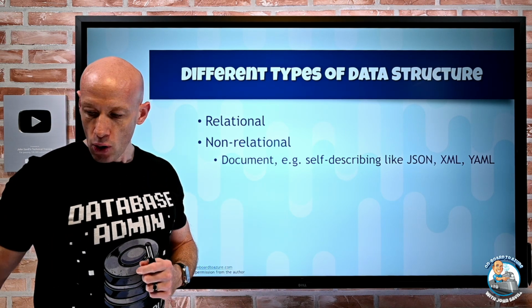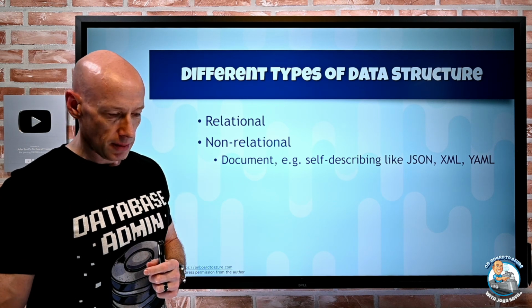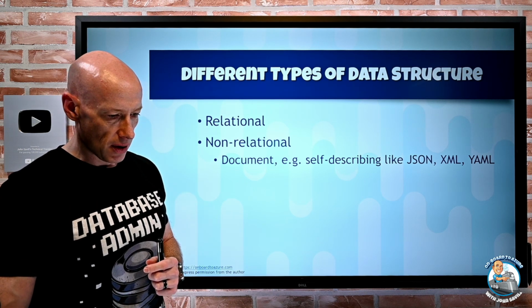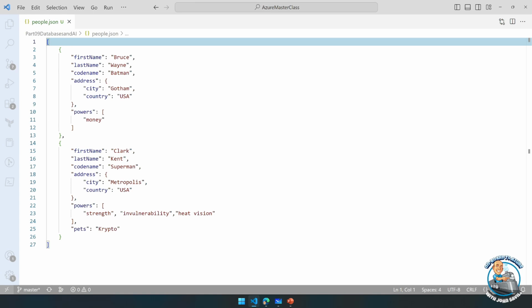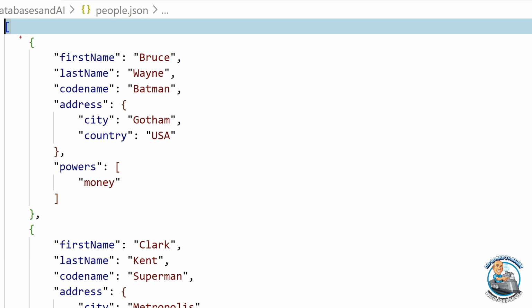If I was to jump over actually for a second, let me just quickly have a look in my VS Code. So if I looked at my VS Code here, this is an example of a JSON file, and there's no fixed structure to it that's inherent to JSON or any particular document, but you can see it's self-describing. I can see, for example, there's a new entity surrounded in the curly braces, and it's defining what are its various attributes.